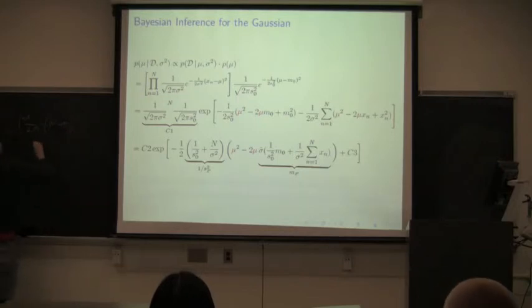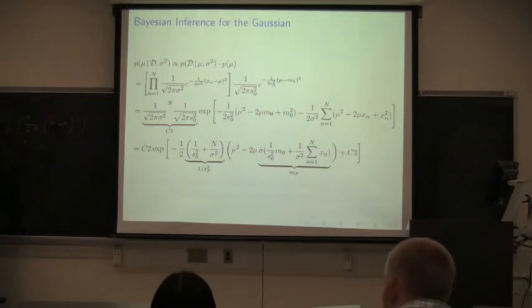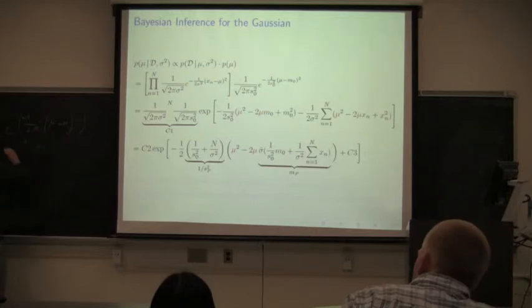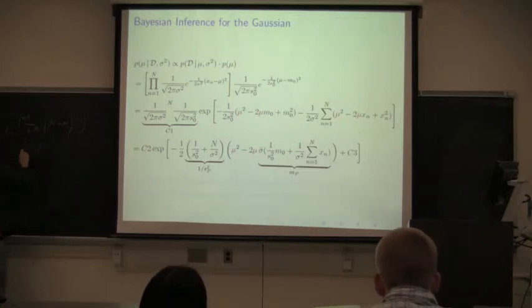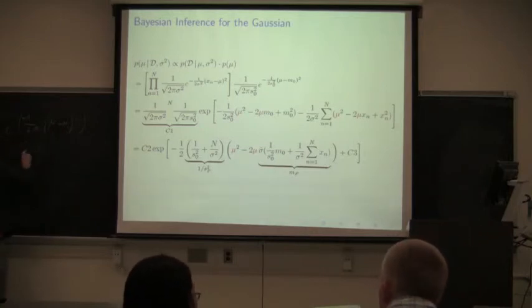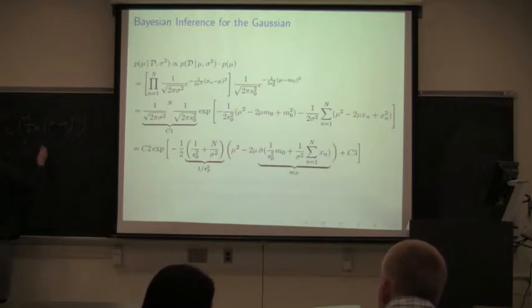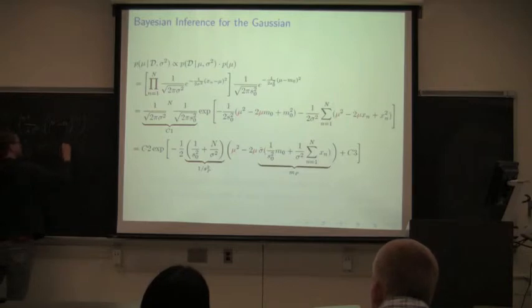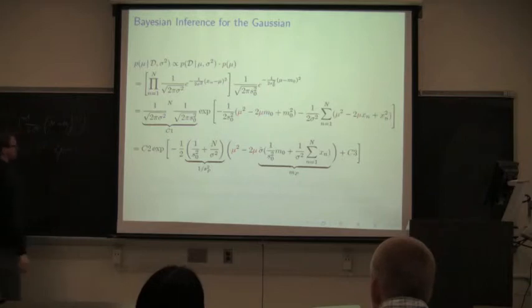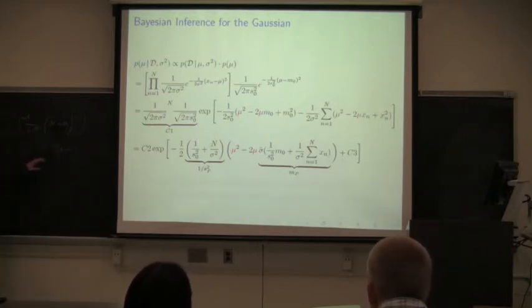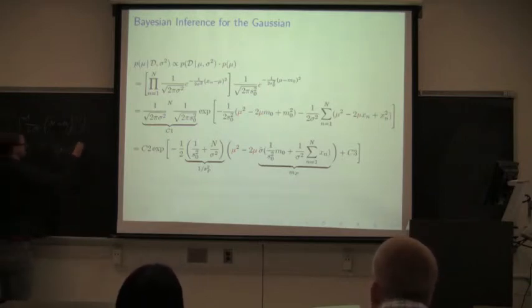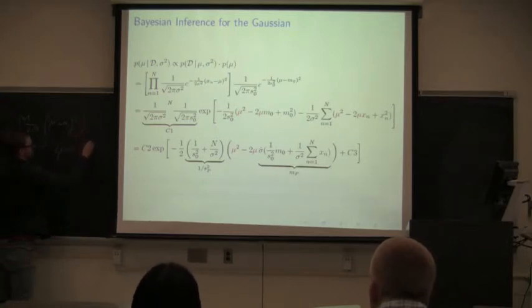This is just proportional to, right? The normal: minus 1 over 2 sigma squared times mu squared minus 2 mu times the mean of mu, minus something. But the something is very easy, it's just a constant. Right?